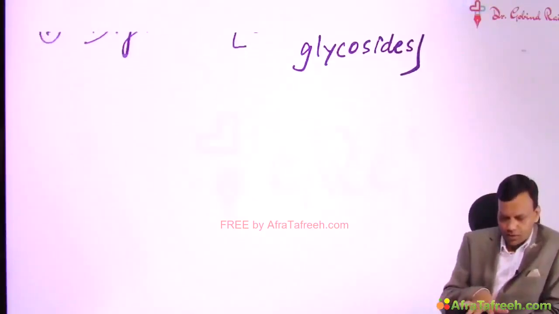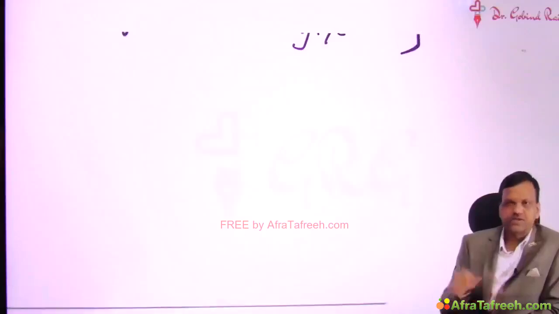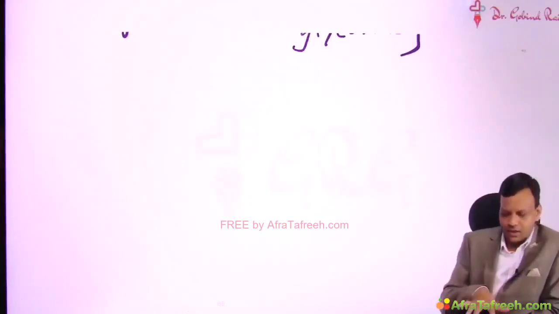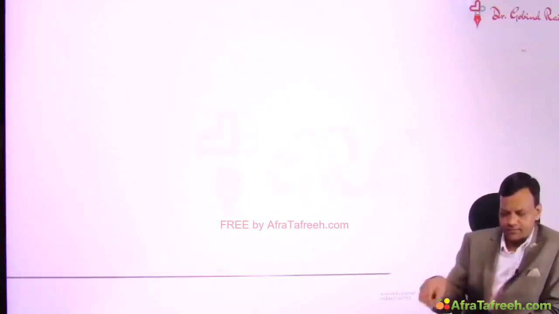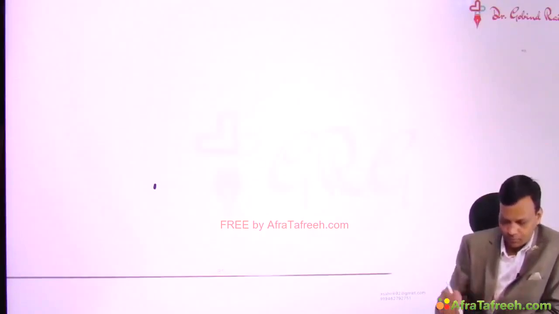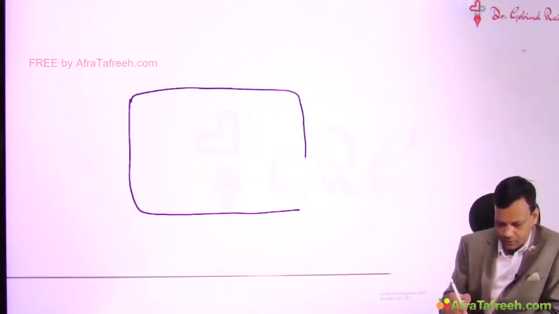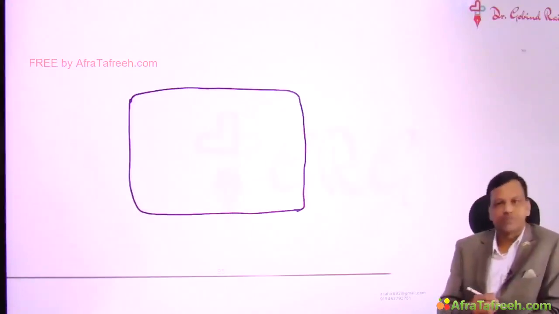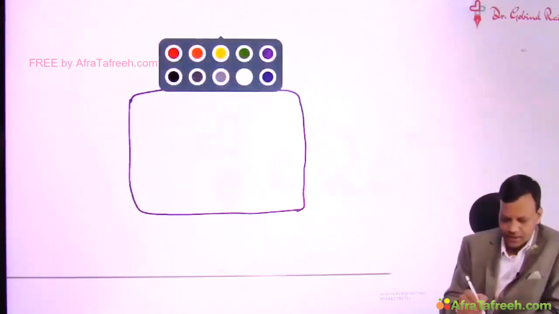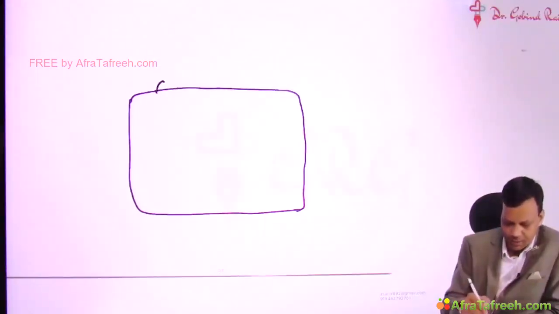Now first of all, how digoxin works. Before going to the mechanism of digoxin, we'll first discuss how normally the ventricular fibers contract. If you see, this is the cell. This is a ventricular muscle cell. Like every cell in the body, it also has the same pump, which is called sodium potassium pump.